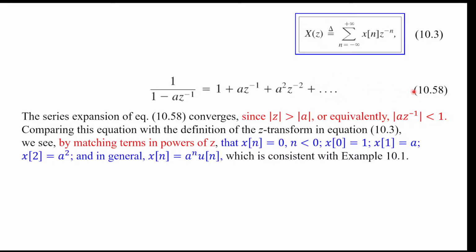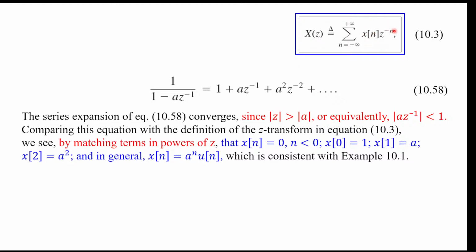Okay. And then from here, you compare this to this formula, then you see our x of n will be 0 for n less than 0 and equal to a to the n for n greater than or equal to 0.